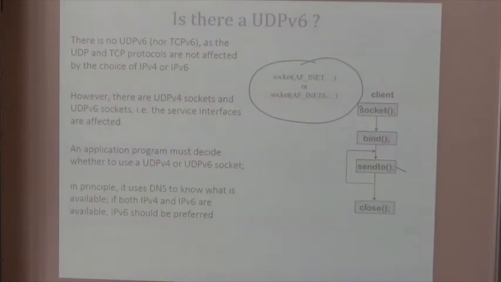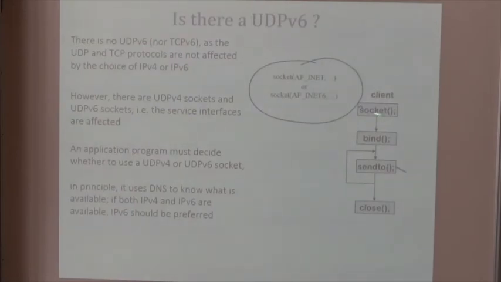And because when you use the socket interface, you have to say things like, what is the destination address? If you use a socket call that is made to accept only IPv4 addresses, then it won't work with IPv6. You cannot simply give an IPv6 destination address to an IPv4 socket. It won't work.